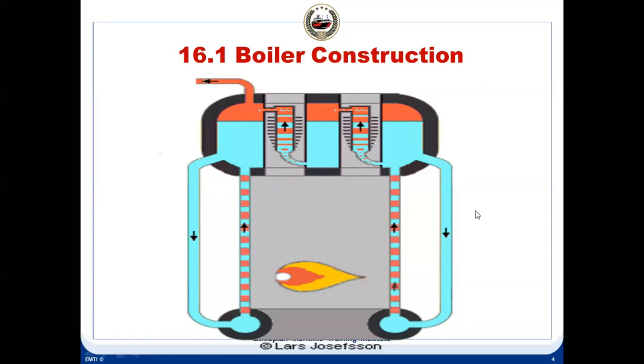So the smoke will be passing in between these big pipes, but also the water is passing between the smoke. So can we call this also a hybrid? Yes, it will still be a hybrid because this part is a smoke tube.